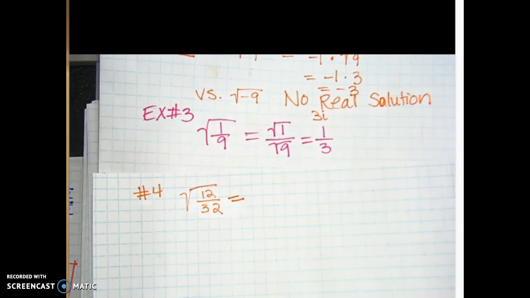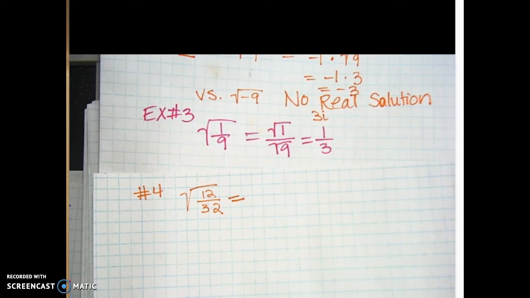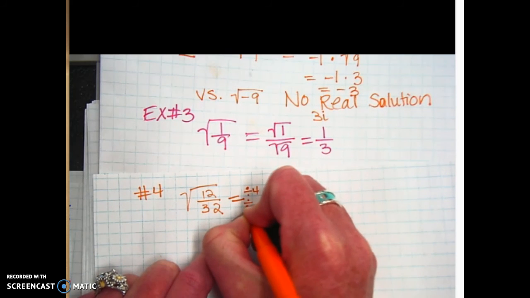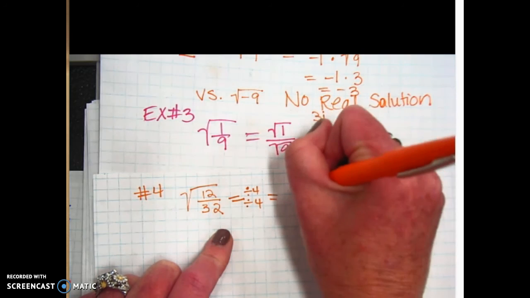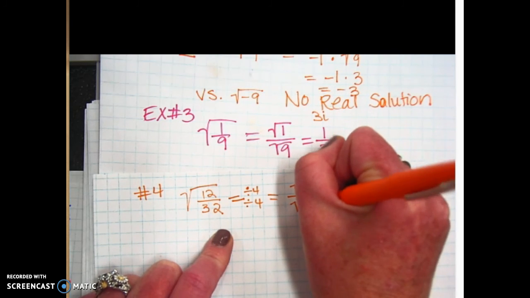But first, see if you can reduce this. Okay, always look to see if it can be simplified or reduced before you do that. Can this be reduced? Yes, that's why I'm asking, right? So they're both divisible by 4. So this simplifies to the square root of 3 over the square root of 8.